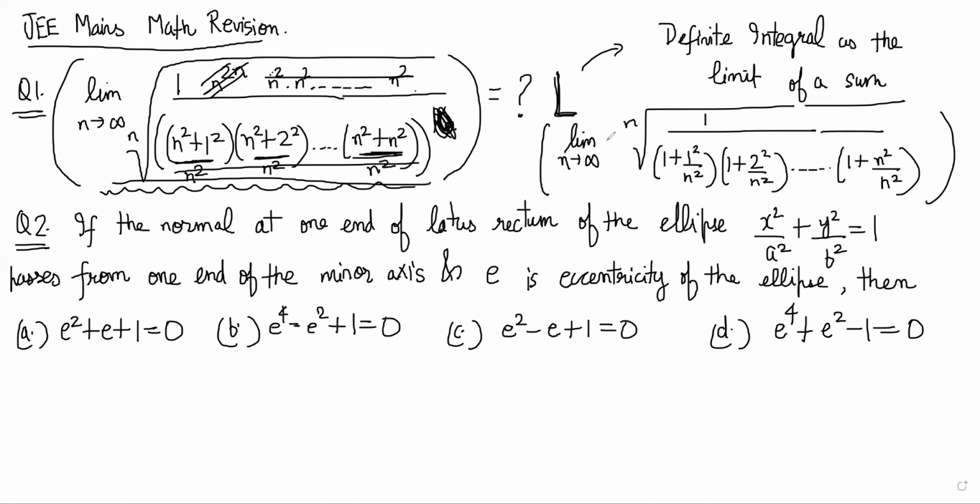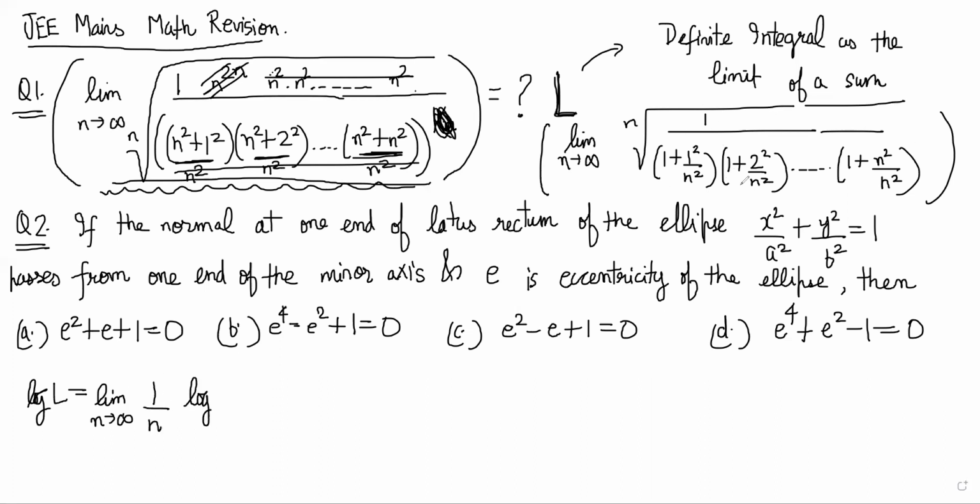Now, obviously you cannot calculate this limit directly. You have to set it equal to L and take log. So log L will be limit n tends to infinity of log of this thing. So power 1 by n will come down and it will be log of the bracket.